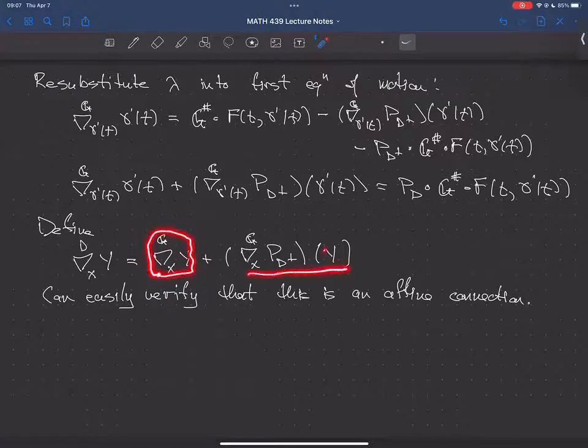This one is actually linear in Y, because it is just a linear mapping acting on the tangent vectors defined by Y, so if you put a function there, it just pulls out front. So like I said, it's easy to verify that that's an affine connection.